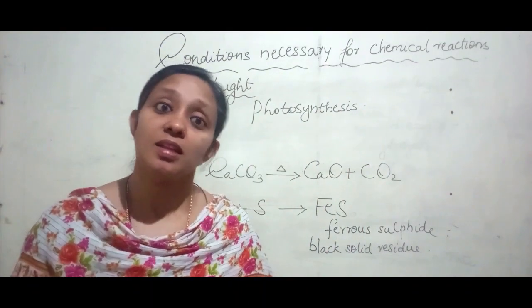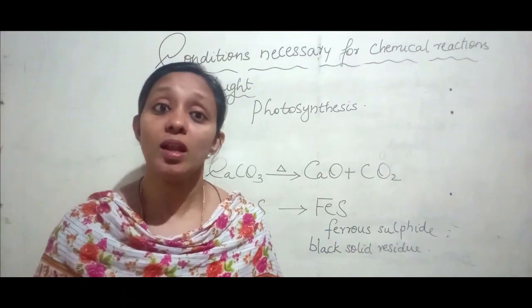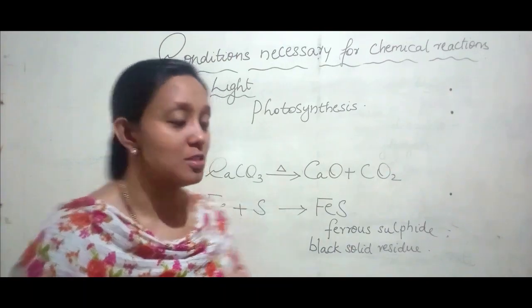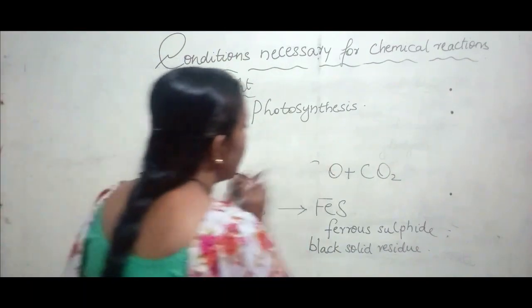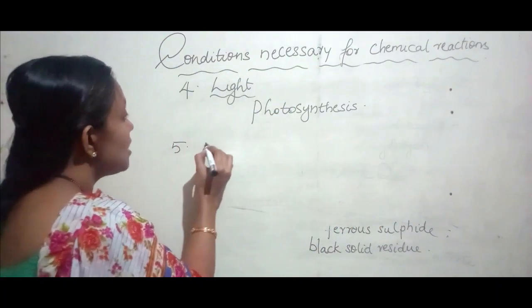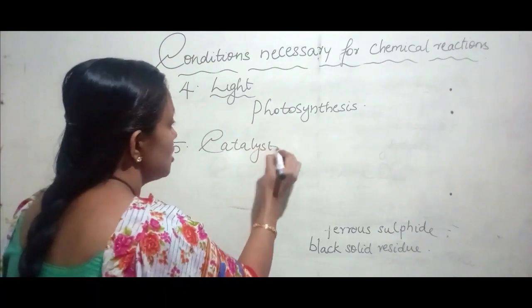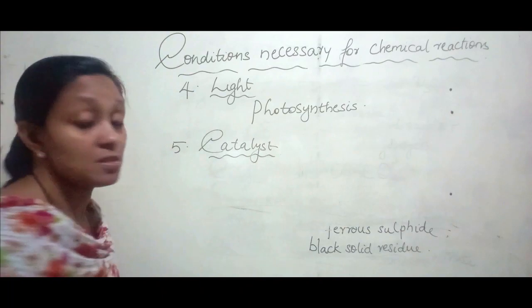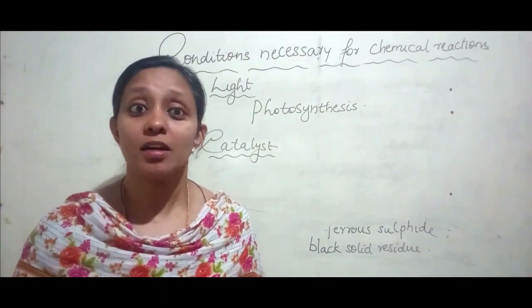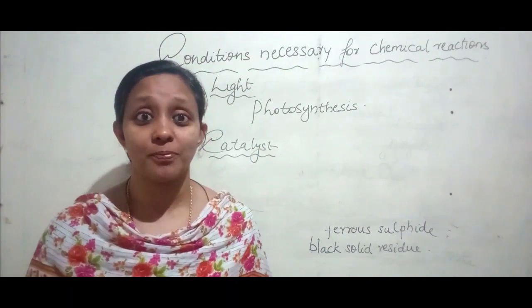Now let us see the last condition. Certain chemical reactions will occur only in the presence of a particular substance called a catalyst. I've used this term catalyst in the previous class. The fifth condition is the presence of a catalyst. What is a catalyst? Do you remember a chemical reaction which we have learned in the previous class using a catalyst?